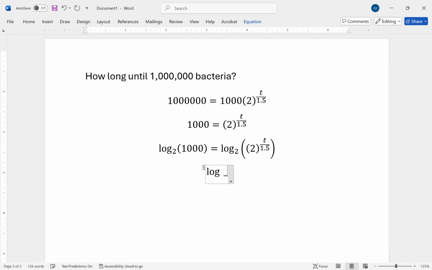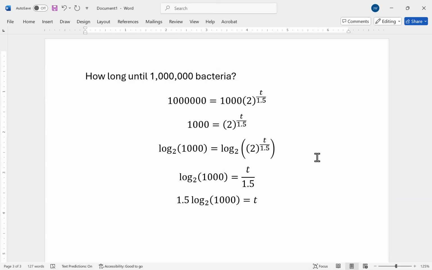So I have log base 2 of 1,000 is equal to T divided by 1.5. Multiplying both sides by 1.5, I'd get 1.5 times the log base 2 of 1,000 is equal to T.